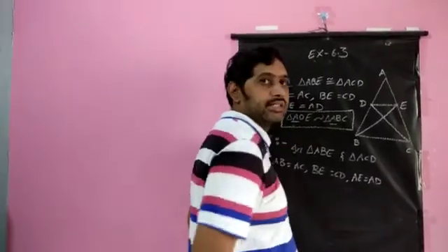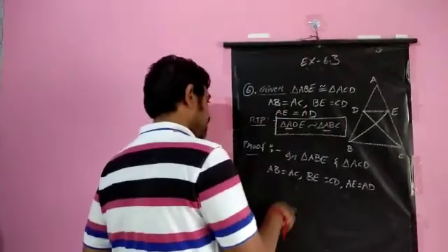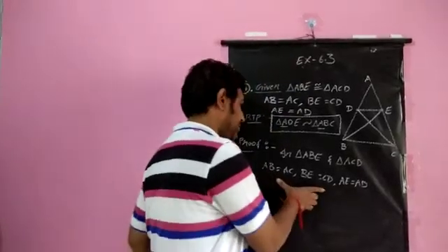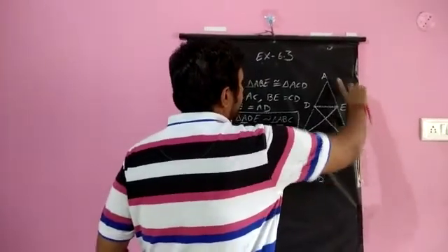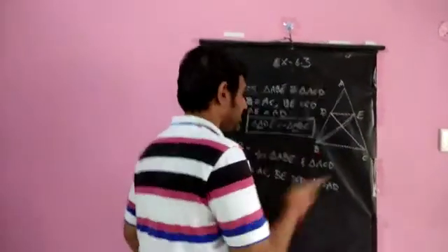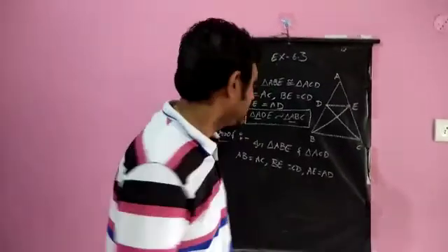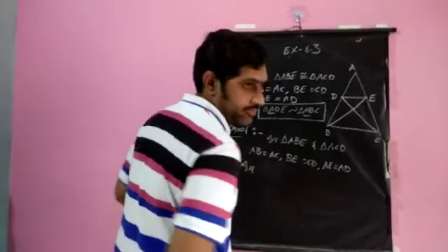So I think the side similarity rule is not possible, angle also not possible. Or, the easy one, I think side angle side, because these three sides are equal. Their ratio, if we take AB by AD, AC by AE, like that, if we divide, it is 2 upon 2, 5 upon 5, 10 upon 10; you will get 1. So the ratio of the sides will be equal.